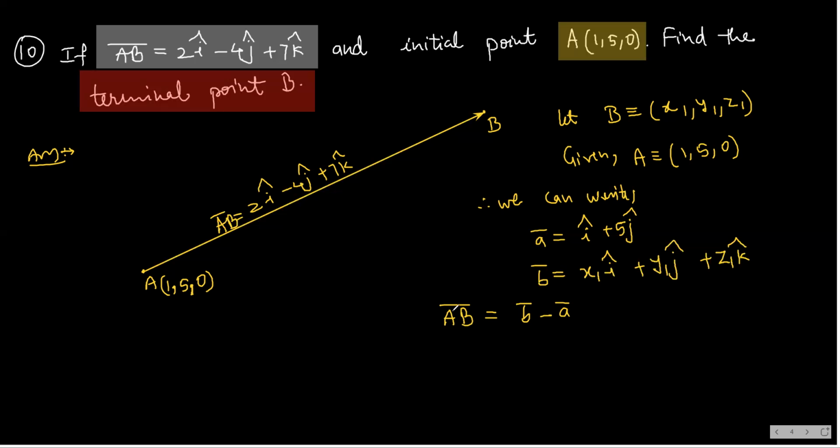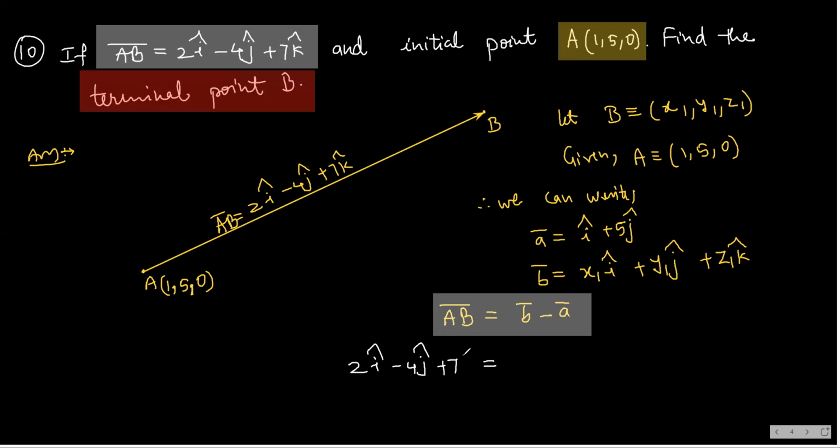So AB bar can also be written this way. On the left, I will write what AB bar is given as: 2I cap minus 4J cap plus 7K cap.